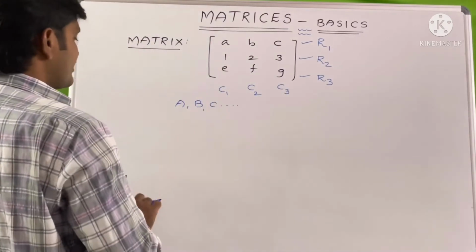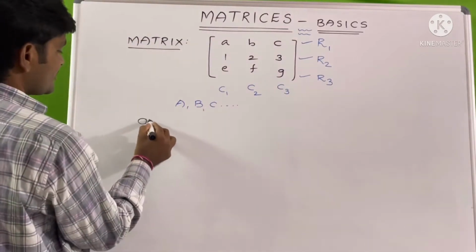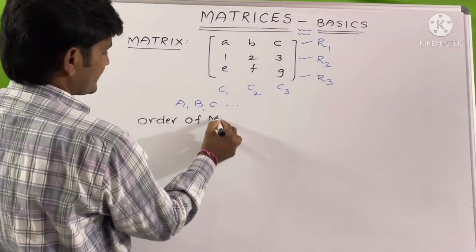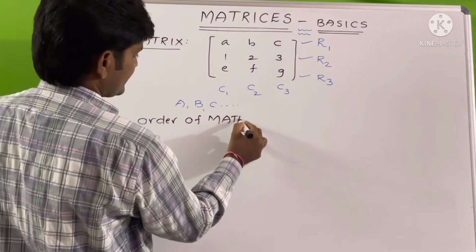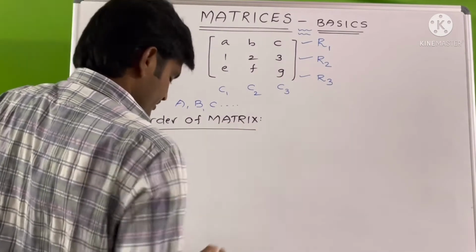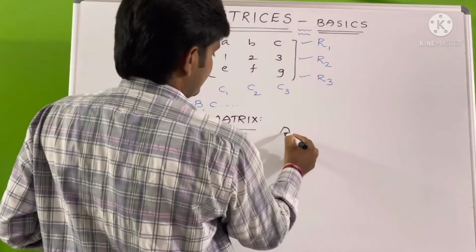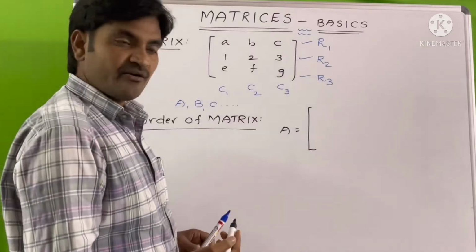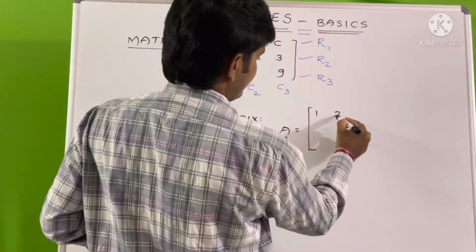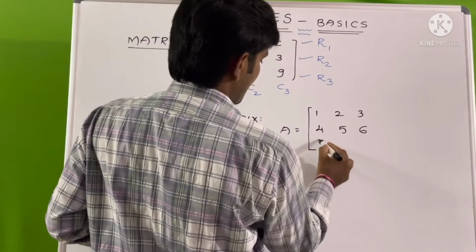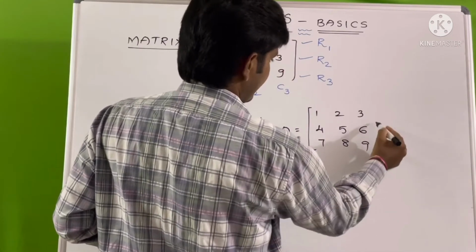So the next definition is order of a matrix. Let A be any matrix. We can write some elements 1, 2, 3, 4, 5, 6, 7, 8, 9.